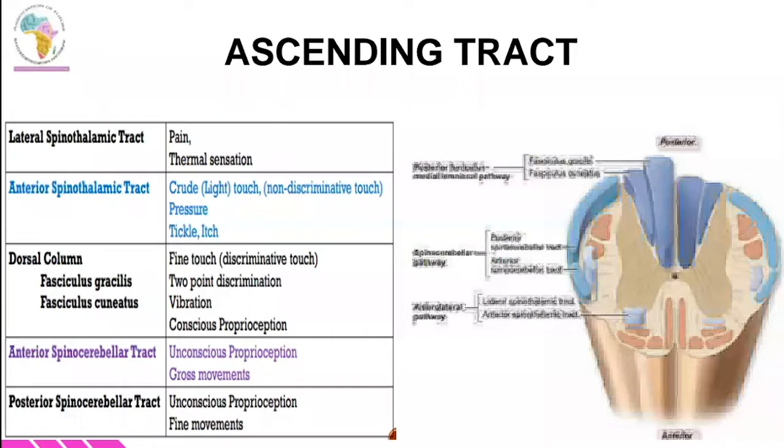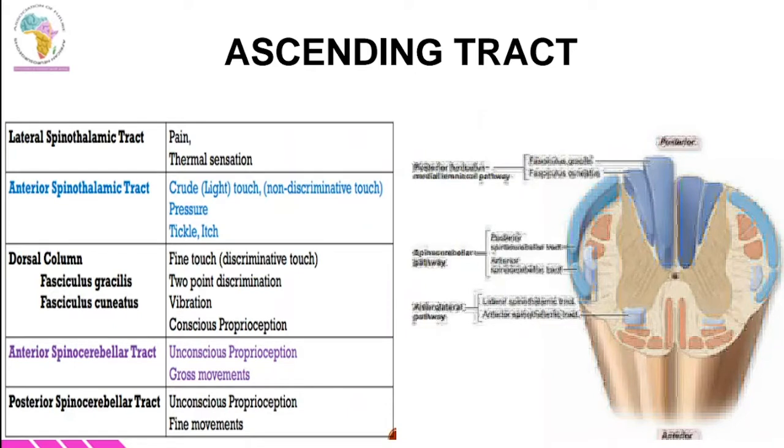The dorsal column medial-lemniscal pathway is involved in fine touch, two-point discrimination, vibration sense, and conscious proprioception. The anterior spinocerebellar tract is involved in unconscious proprioception and gross movements. The posterior spinocerebellar tract is involved in unconscious proprioception and fine movement.